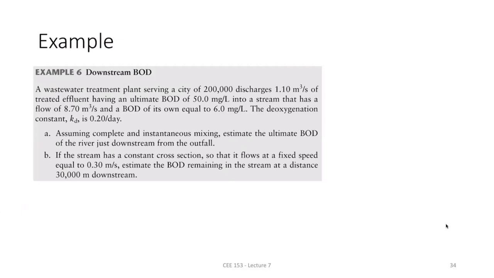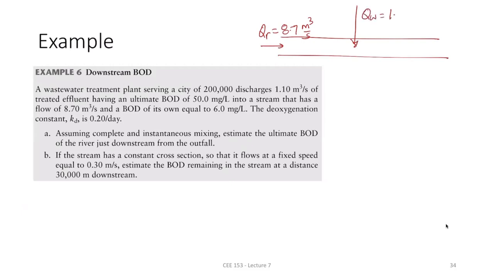So it's saying that you have a river flowing, the river flow rate Q river is 8.7 meter cube per second, and then your waste is coming in here, wastewater, coming in at a flow rate of Q, let's say waste is 1.1 meter cube per second.